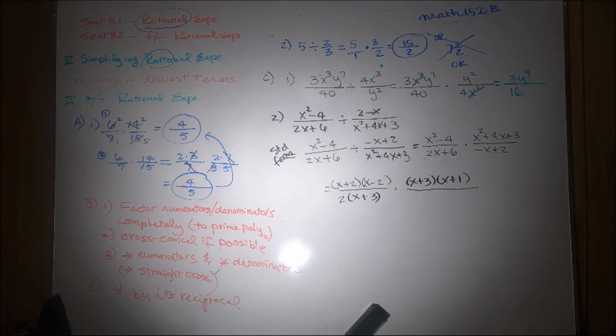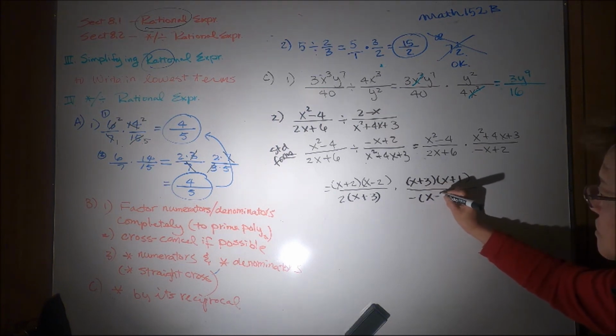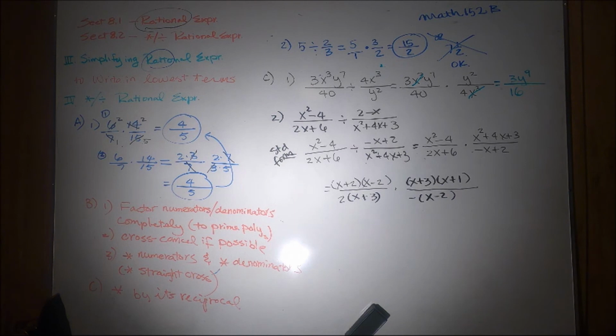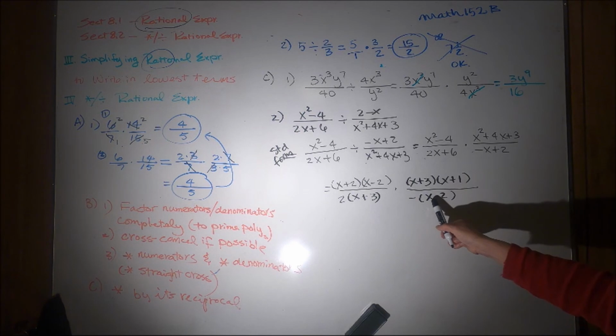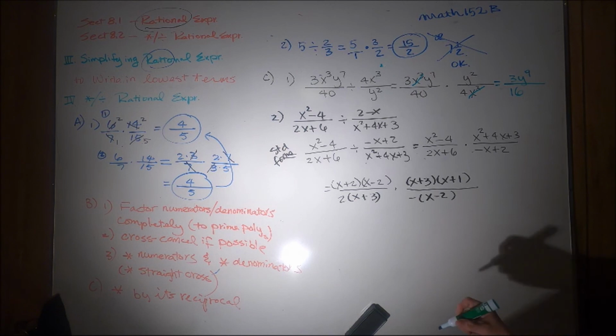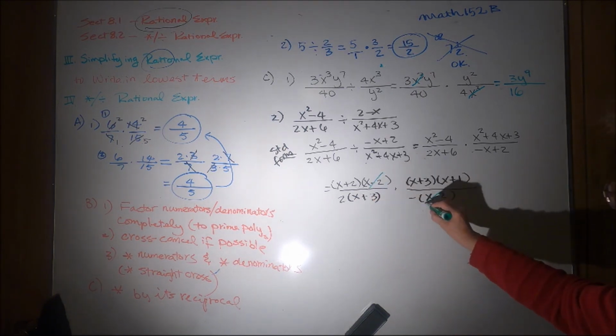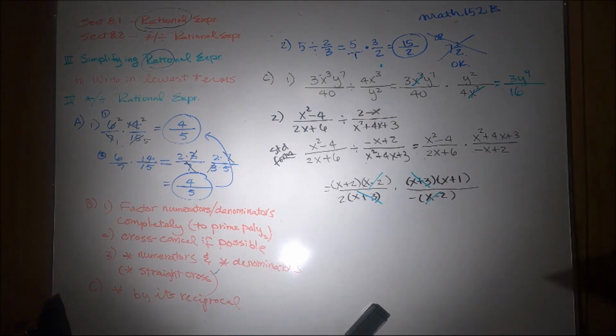Then for the bottom binomial, what do we need to do? We take out a negative, because the leading term is negative. So inside, changing the sign, it will be x minus 2. This way, inside the parentheses we always start from positive x, and you can find the same factors to cross cancel more easily. So x minus 2 goes away, x plus 3 goes away.